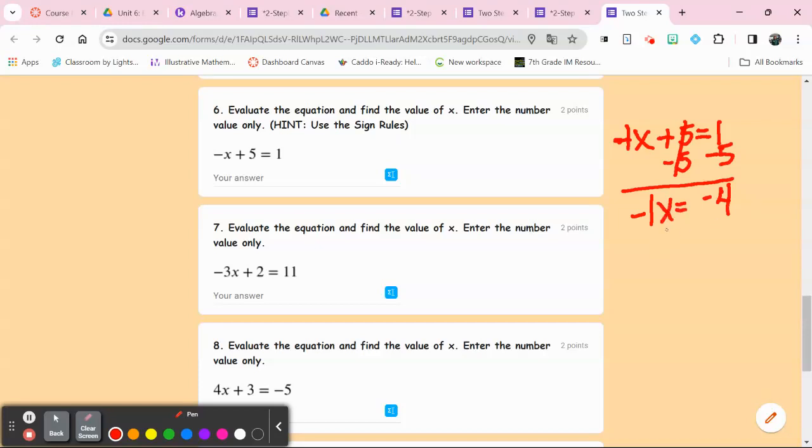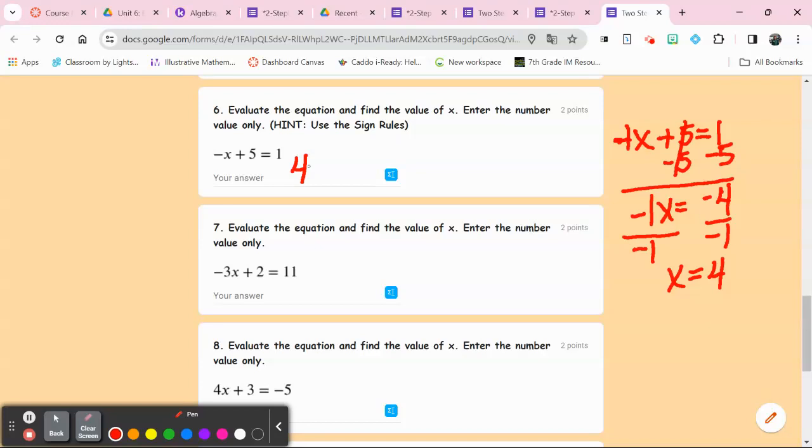Our last step to get rid of that negative sign that's with the variable, since we have a negative 1 in front of it, will be to divide both sides by negative 1. This gives me x equals, 2 negatives in multiplication or division gives me a positive, 4. And that is our answer.